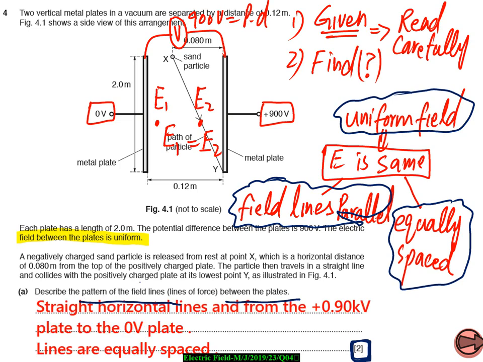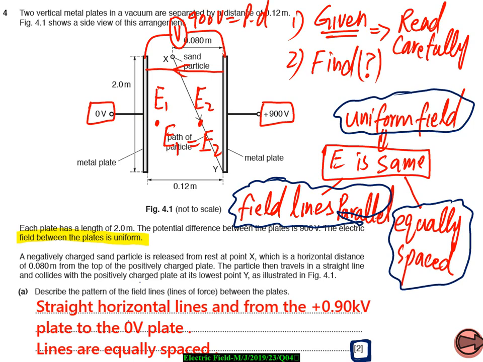First, we need to write down straight horizontal lines from the positive 0.90 kilovolt plate to the 0 volt plate. It means we need to draw the lines from the positive plate to the negative plate.